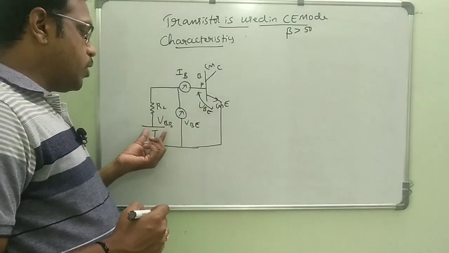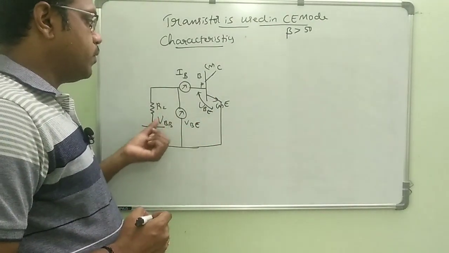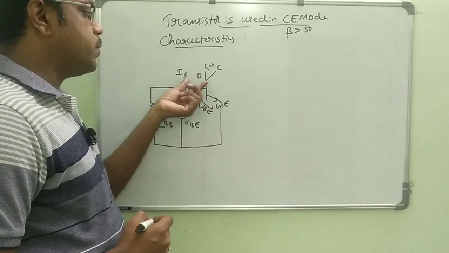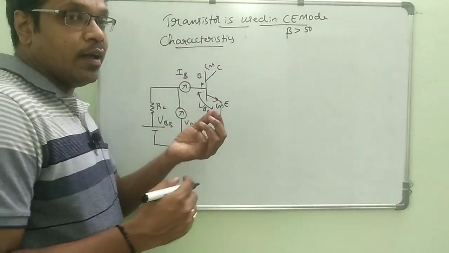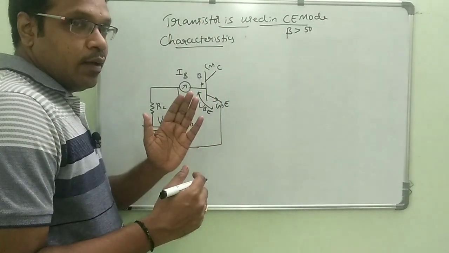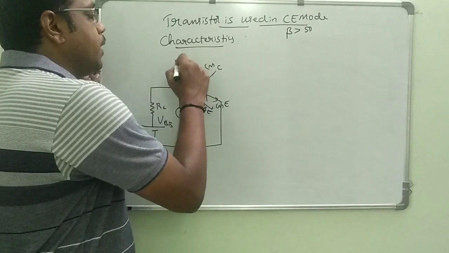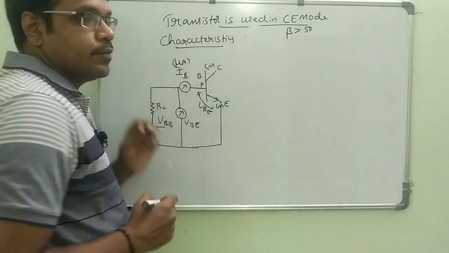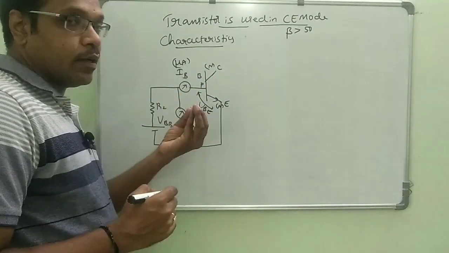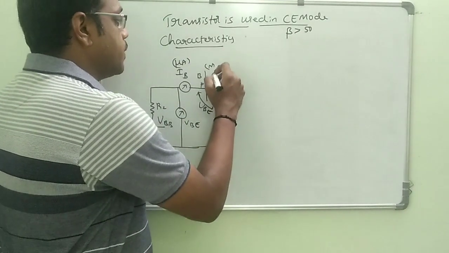So we have VBE at the input, and IB is the measured current. The base is very thin, in micrometers, and you will get the current in microamperes. Very important for 1 mark and 4 marks.